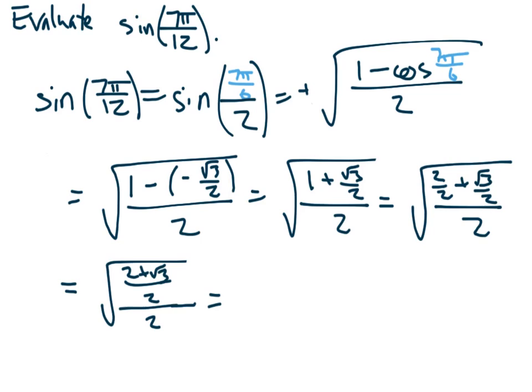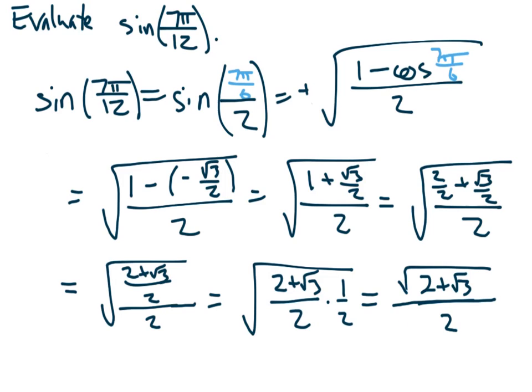Get a common denominator, add the terms in the numerator, simplify the compound fraction by, instead of dividing by 2, multiplying by the reciprocal of 2, multiplying the two fractions, and then taking the square root of the bottom. This is our answer.